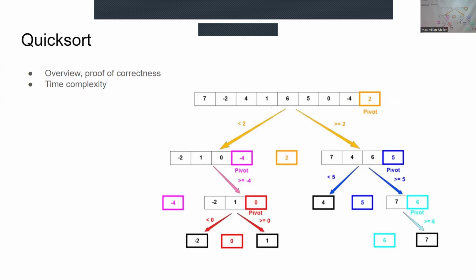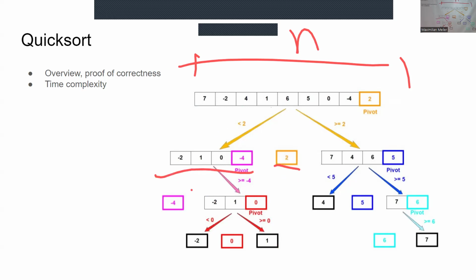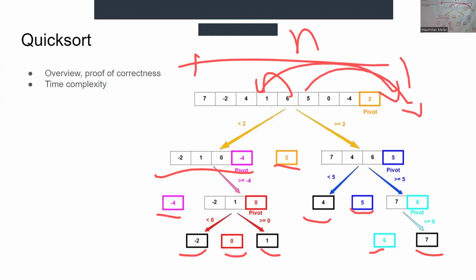So first of all, the n component is pretty straightforward. You can look at it like this is the n component, right? You're always going to be iterating over all n elements of the array. This one's accounted for. Then you take these ones and you split these up, and then you split these up, and so on and so forth. So you're essentially looking at every element of the array and pivoting around, saying, oh, 6 is here, -4 is here, 5 is here. That's all n time.